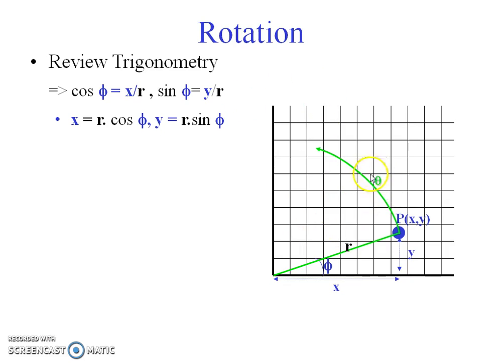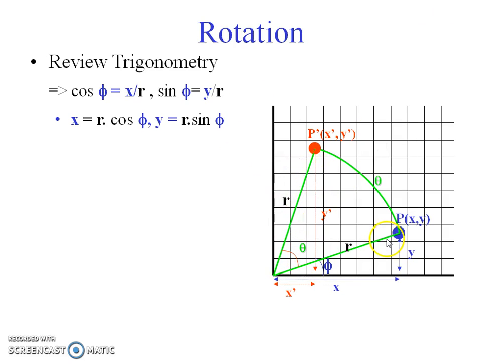This is the theta angle, by which the point moved from P to the point P prime, and phi is the angle from the origin to the original point. And this is the radius r.